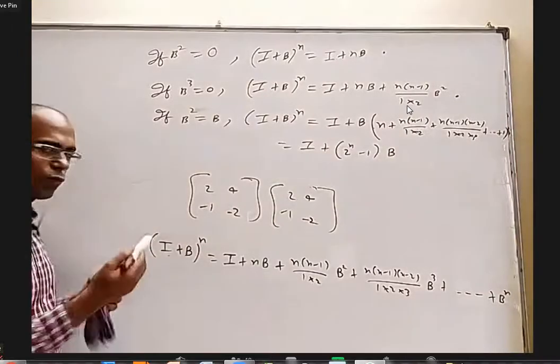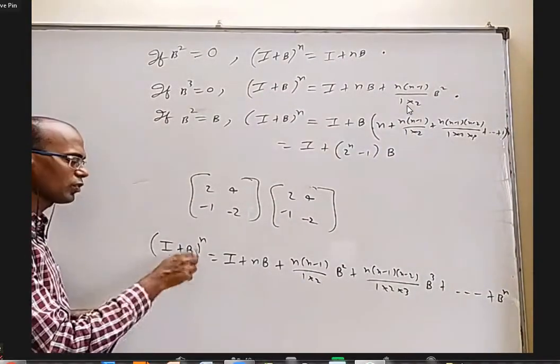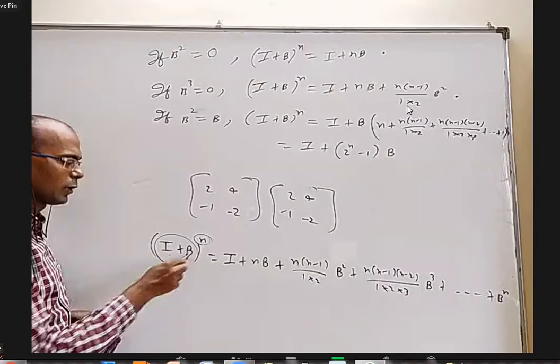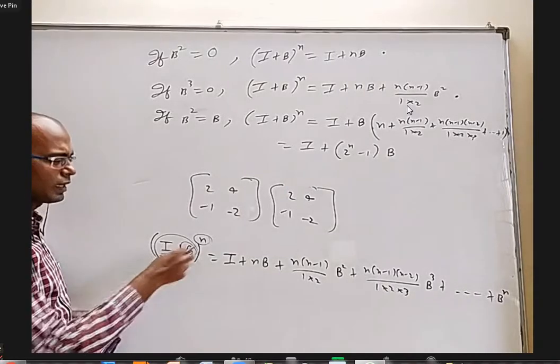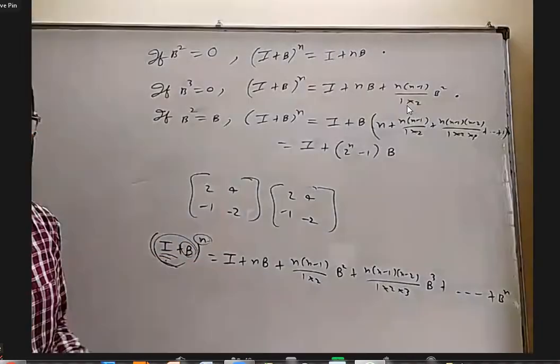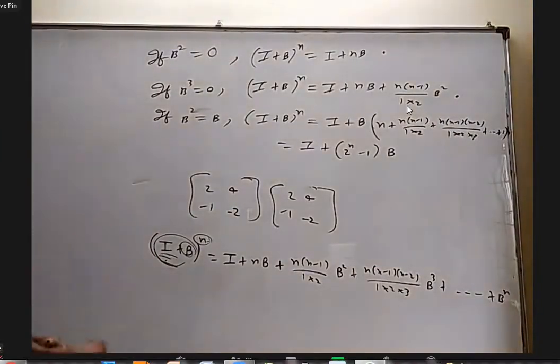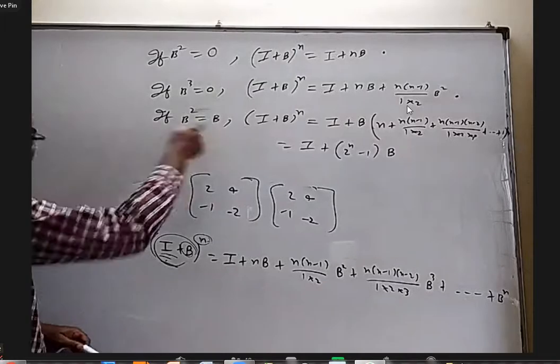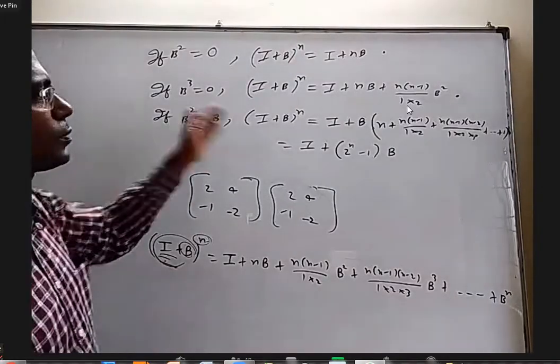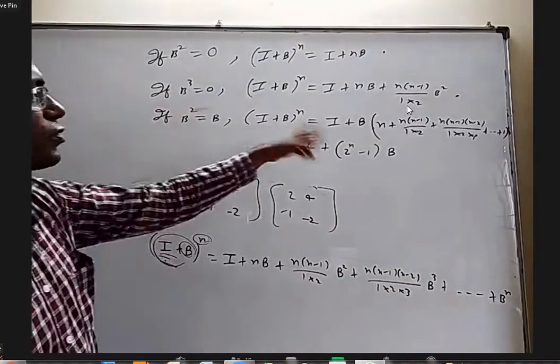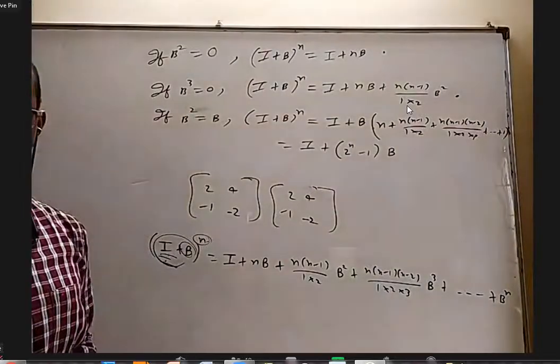What we are trying to do here is find higher powers of a matrix. If B is a null matrix, then I plus B is the identity matrix, and identity matrix to any power will be I only. But other than null matrices, there are a lot of matrices whose square is equal to the original matrix. For those matrices, how to find higher powers is what we are talking about. Is that clear? Yes, sir.